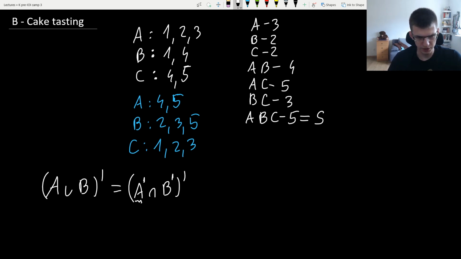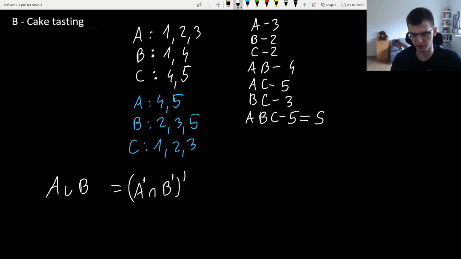So A prime means things that aren't in A, B prime means things that aren't in B, intersection is things that aren't in A and aren't in B. So like that. This contains things that aren't in A and aren't in B, and the opposite of that is there are at least in one of them.